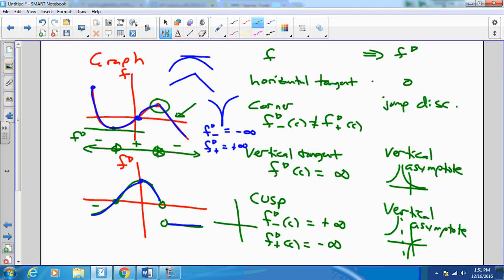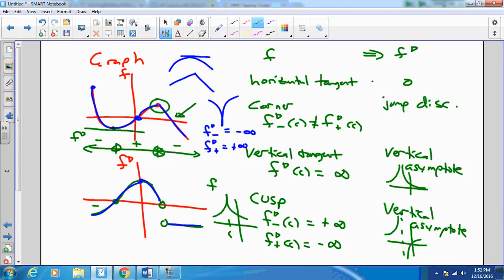Instead, you want to visualize f as having a cusp at x equals c, such that from the left, we go straight up, and from the right, we go straight down. So this would be the corresponding graph of f that leads to this graph of f prime.